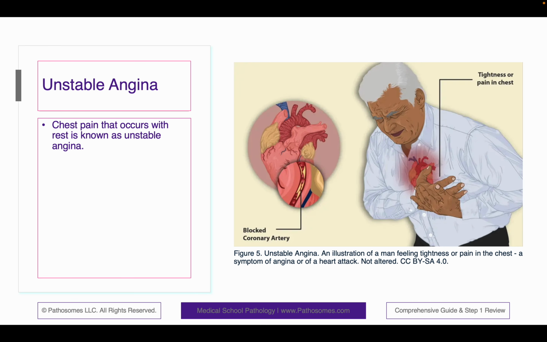Regarding unstable angina, this is chest pain that occurs with rest, and that is unstable angina. Here's an illustration of a man that was just relaxing and out of nowhere had chest pain. Unstable angina.